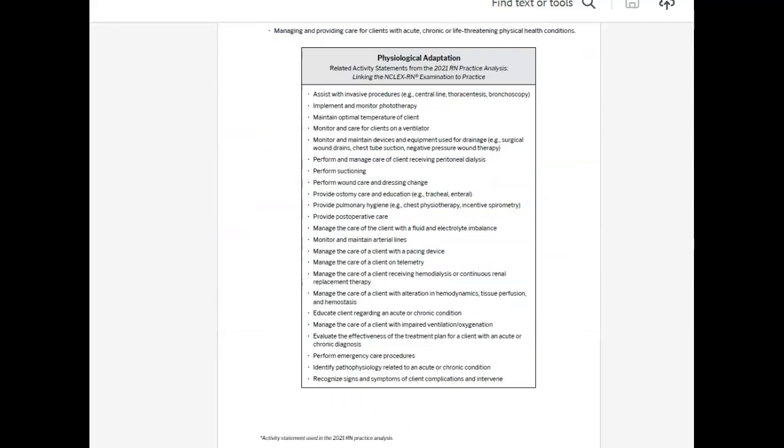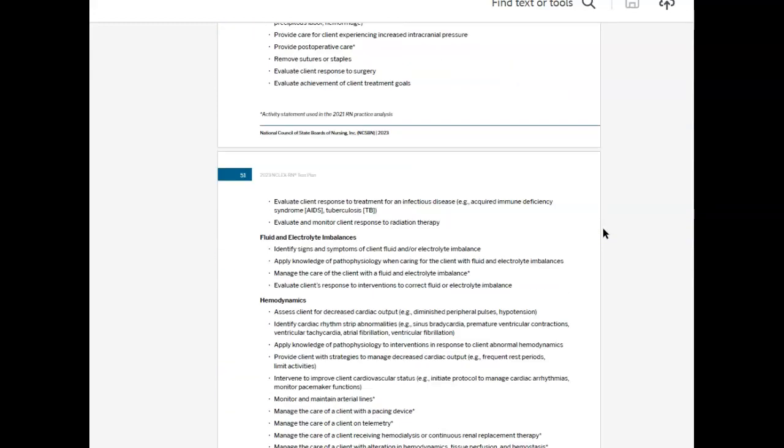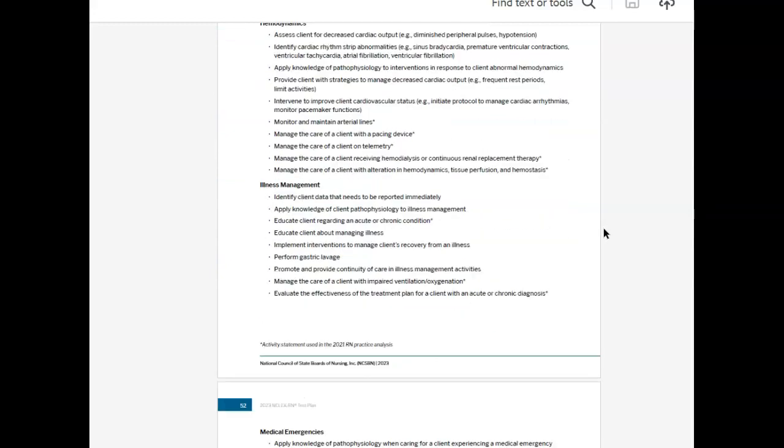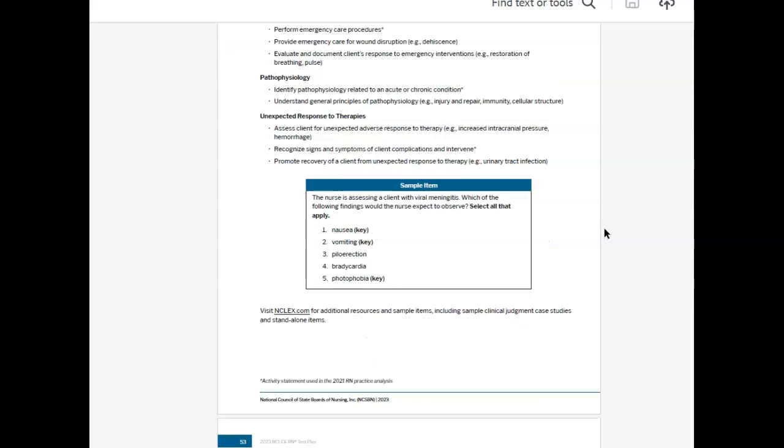And then physiological adaptation. So that has to do with how clients are adapting to different things that happen to them related to their condition or to procedures. Hemodynamics, fluid and electrolyte balances, illness management, emergencies, unexpected response to therapies. So in this one, the sample item says the nurse is assessing a client with viral meningitis.